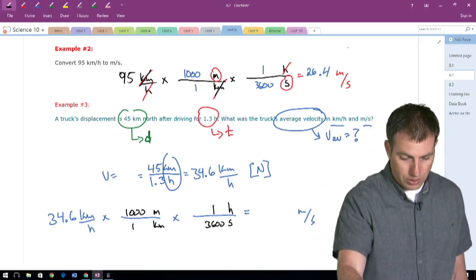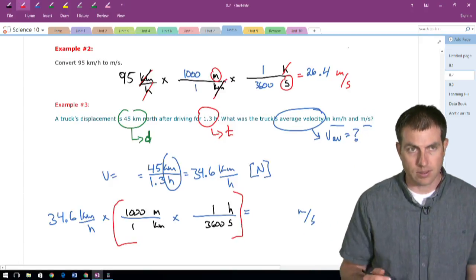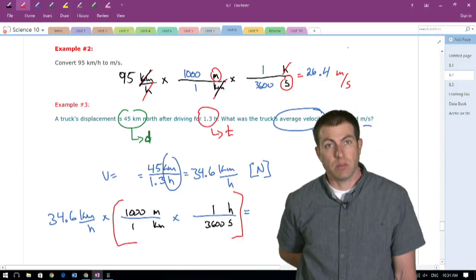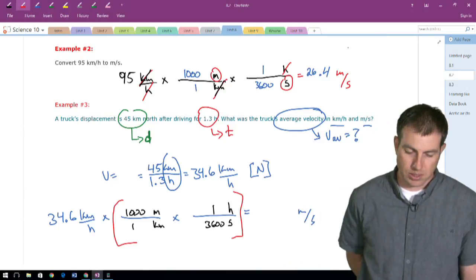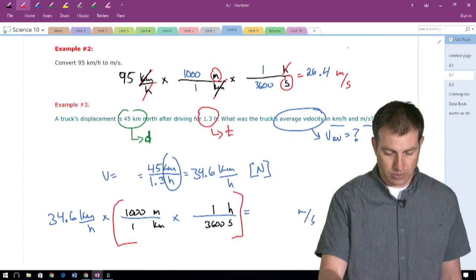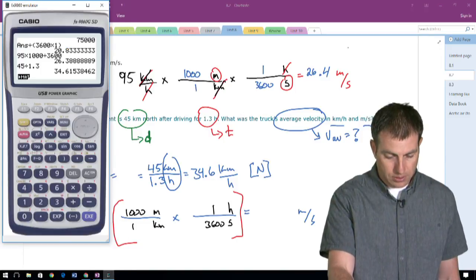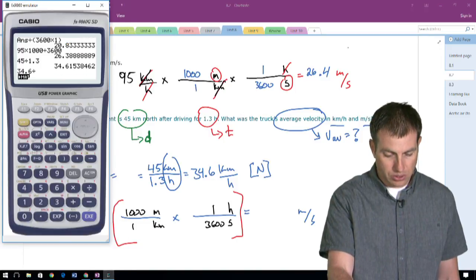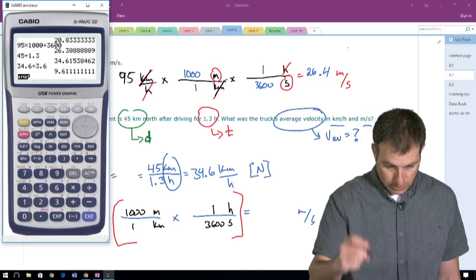And I will point out one little thing: if I looked at everything in the brackets and I want 1,000 divided by 3,600, essentially I would just be dividing by 3.6. So there's a nice little trick here, if you're with me. 34.6, we can just divide by 3.6, and we're going to get 9.61.